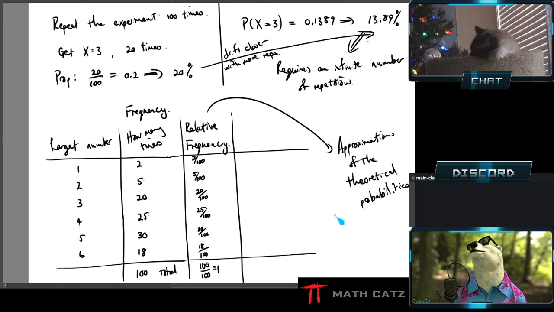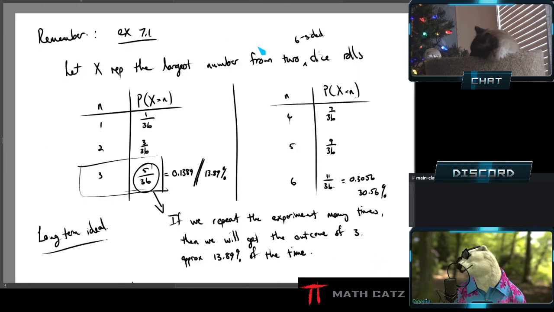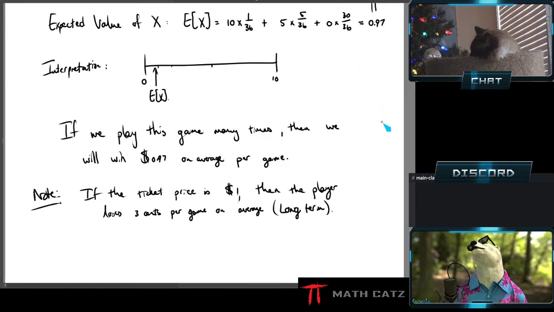And I can then use these relative frequencies to approximate the actual expected value. And remember the expected value, where are we now? The expected value is my first real analysis number, my first real statistical measure to analyze and explain what the situation is, depending on the experiment, whether it's a game of chance or whatever.